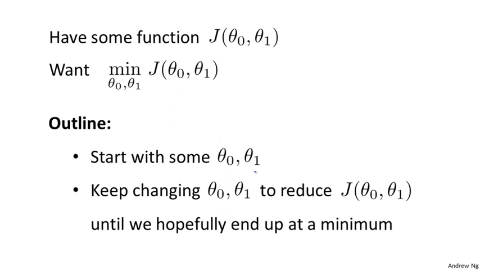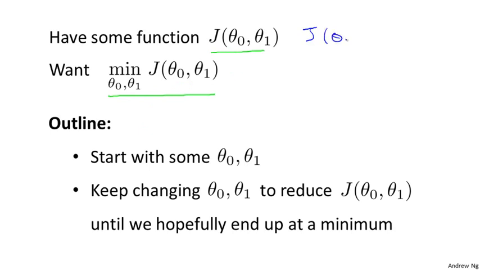So here's the problem setup. We're going to assume that we have some function J of theta 0, theta 1. Maybe it's the cost function from linear regression. Maybe it's some other function we want to minimize. And we want to come up with an algorithm for minimizing that function J of theta 0, theta 1. Just as an aside, it turns out that gradient descent actually applies to more general functions.